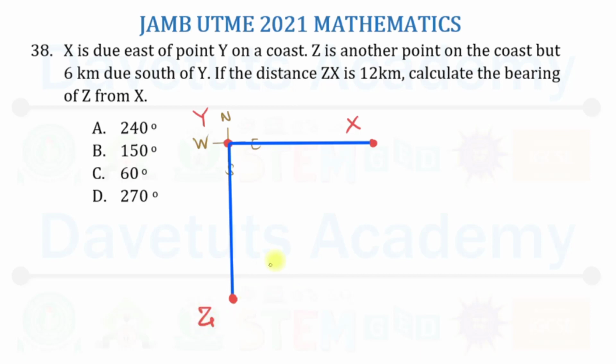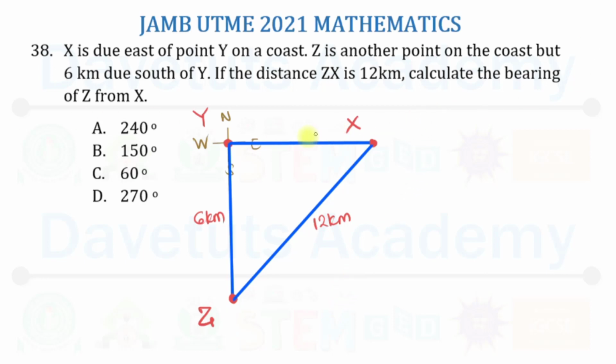And the distance zx is 12 kilometers. So from here to here, we are given 12 kilometers. We have to calculate the bearing of z from x, so we go to x to take that bearing.